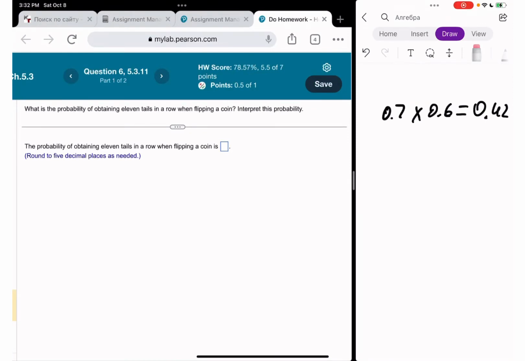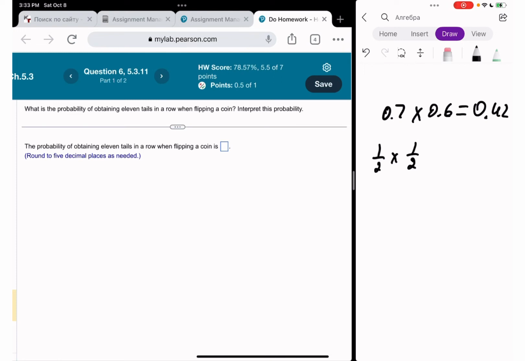Number 6, what is the probability of obtaining 11 tails in a row when flipping a coin? Okay, so 11 times we are obtaining tails, so it doesn't matter if we obtain tails or if we obtain head, because it's still going to be 1/2, right? Which means 1/2 times, 11 times, right?